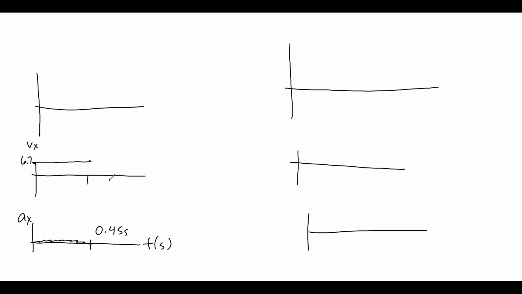If you take 6.7 times 0.45, you get pretty close to 3.0 meters. That area is precisely the change in position from our starting point, which is the origin, to our ending point, which is 3 meters. That's slope.